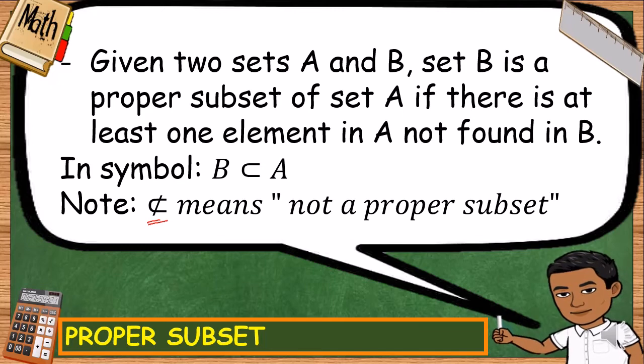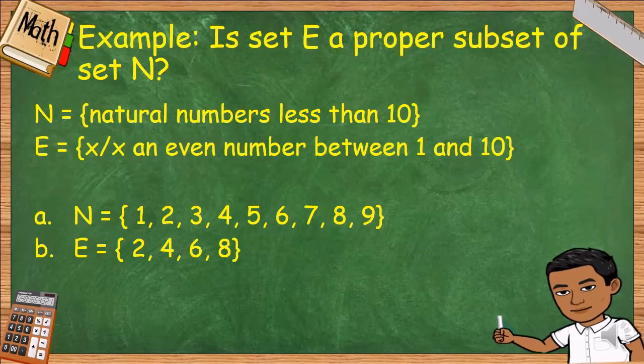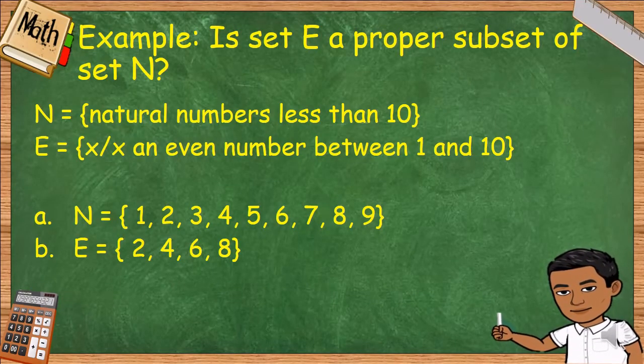Let's have an example for the proper subset. Let us use the given example a while ago. Is set E a proper subset of set N? Ang condition natin, para maging proper subset si set E ng set N, dapat at least one element ng N ay wala doon kay set E, kahit isa lang. Now, in our example, obviously, maraming mga elements sa N na wala kay E. So, ano yung mga elements na yon na wala kay E?